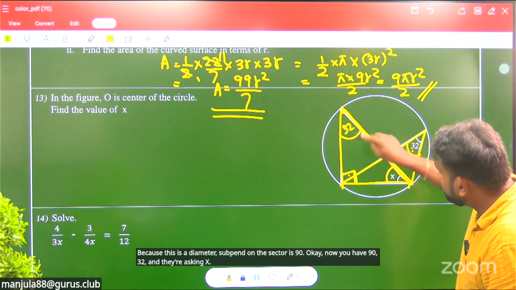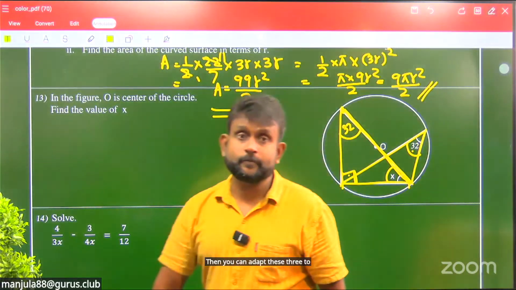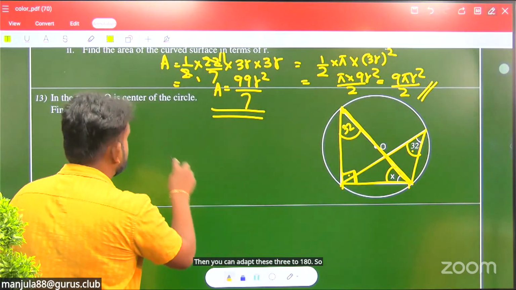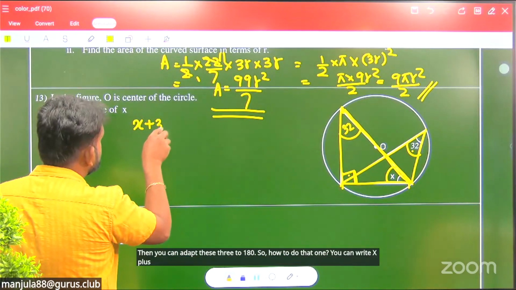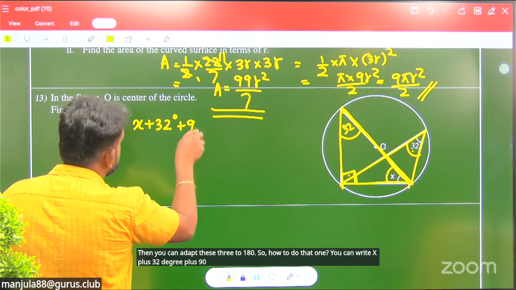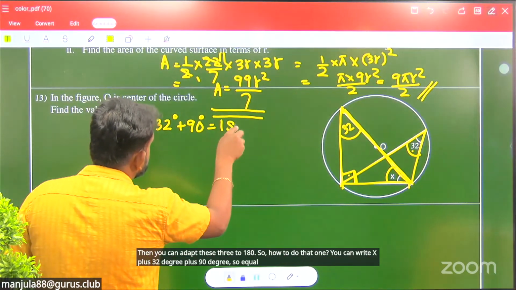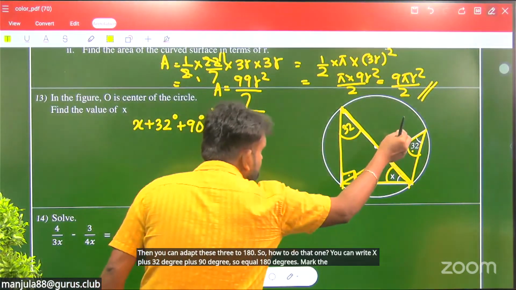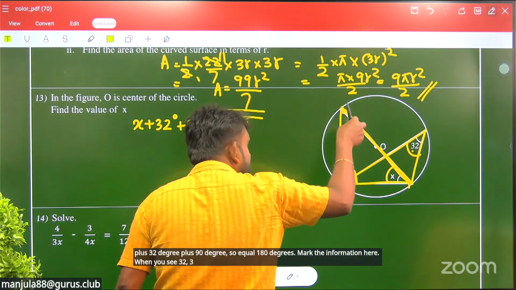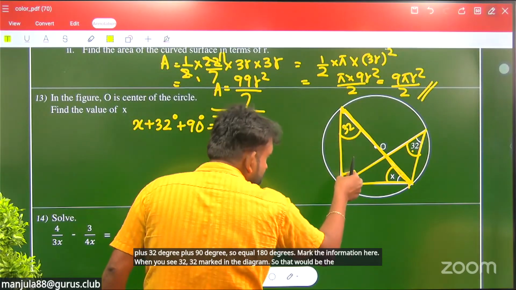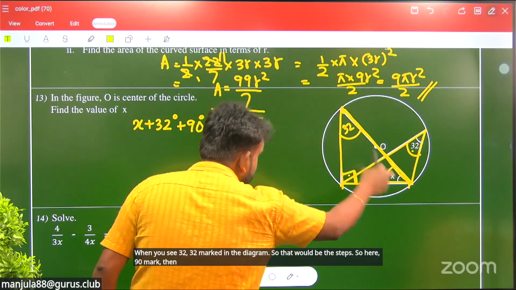Then you can add these three up to 180. How to do that? You can write x plus 32 degrees plus 90 degrees equal to 180 degrees. Mark the information here: when you see 32, 32 marked in the diagram, and 90 marked, those are the steps. Then add up to 180.